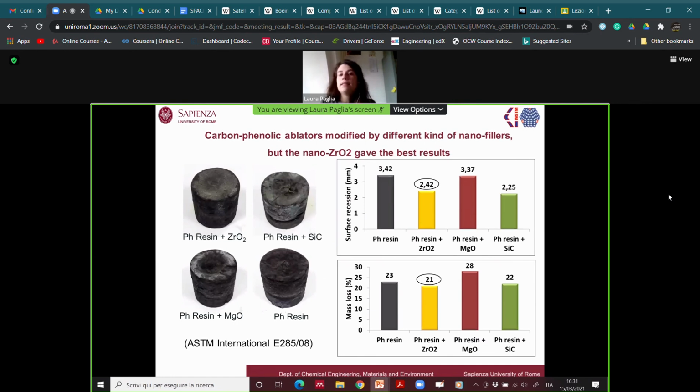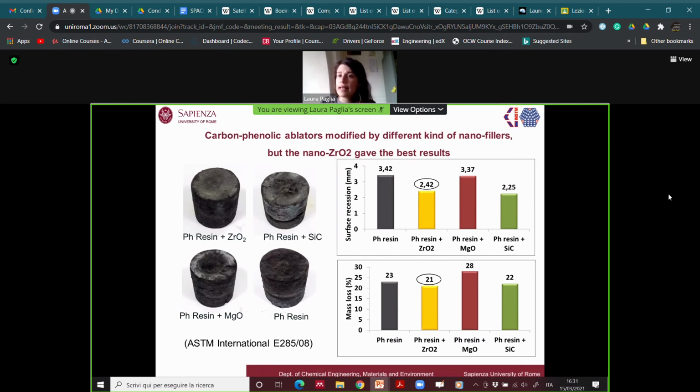In this case, we observed also other samples because we understood that zirconia nanoparticles are good for ablative materials, but we tried also to test some other nanoparticles, for example, magnesia and silicon carbide nanoparticles.